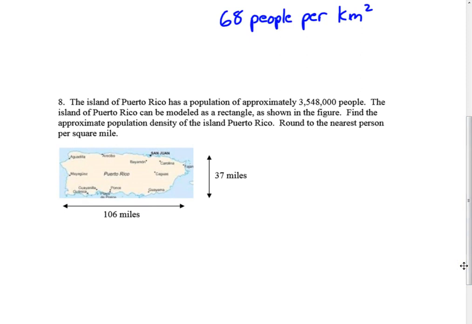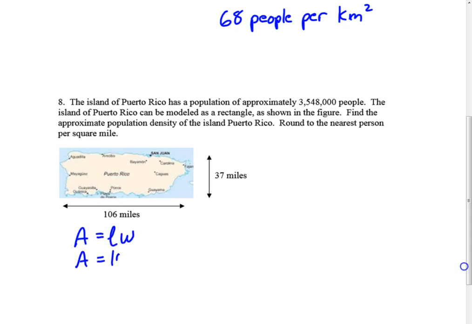All right. So in this one, here you have to find the area. The island of Puerto Rico has a population of 3,548,000. The island of Puerto Rico can be modeled as a rectangle. Find the approximate population density. So this is an estimation. Again, for a rectangle, area is length times width.